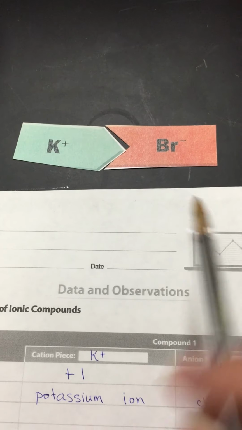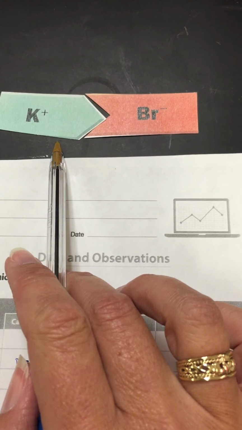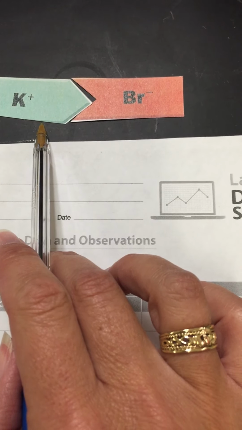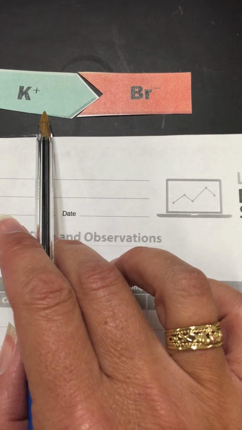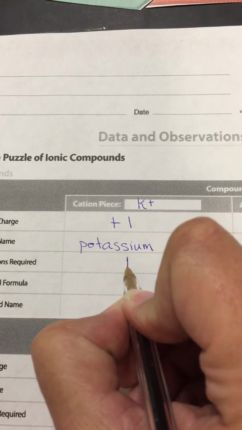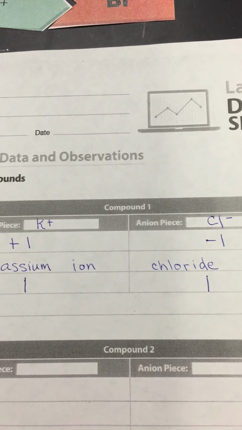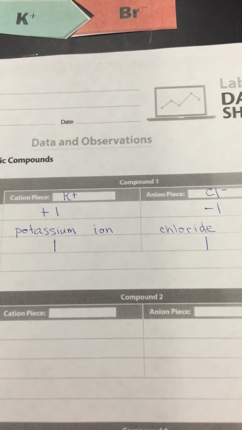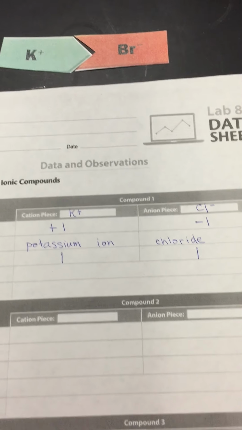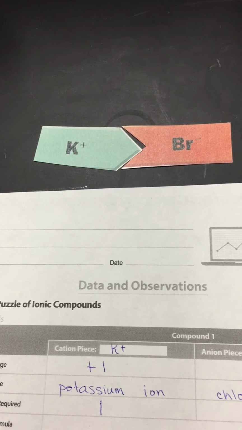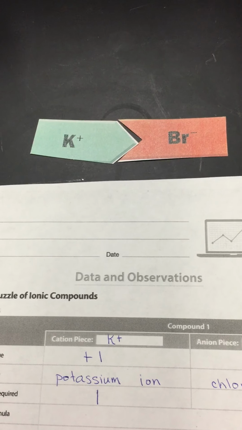Go back to your puzzle. The next step is to record the number of ions. There's 1 potassium and 1 bromine, so you can just write 1 and 1. Now, what is the compound formula? It's just what your puzzle pieces show.